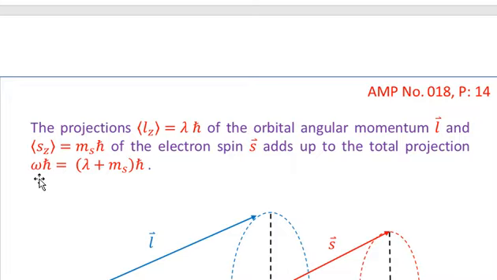That is, omega gives you the total projection on the z axis. Lambda is the projection on the z axis due to the angular momentum L, and ms is the projection on the z axis due to the spin angular momentum s.